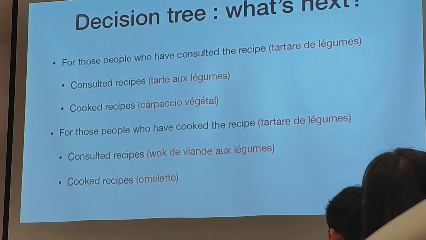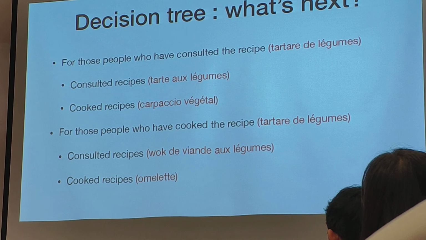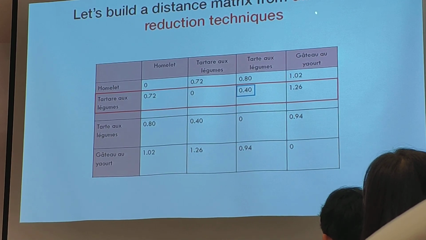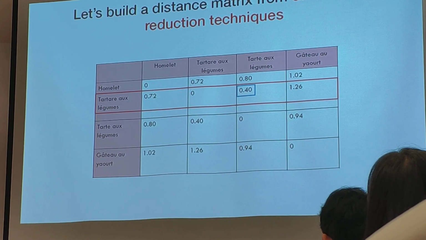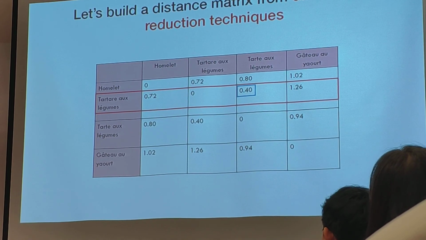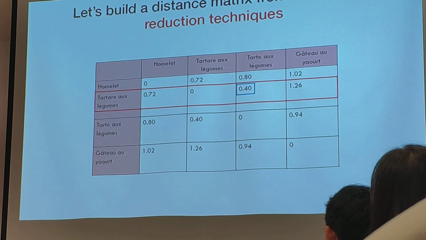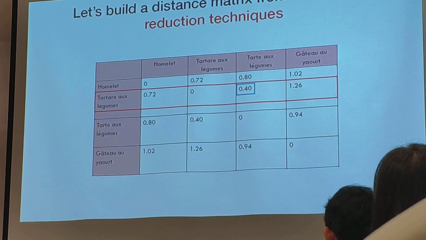So now what I'm going to do, and it's another machine learning method based on dimension reduction, is calculate a distance matrix between all the recipes. So here, my recipe is tartare de légumes, and I'm going to check the closest recipe to this one based on my former information, okay?